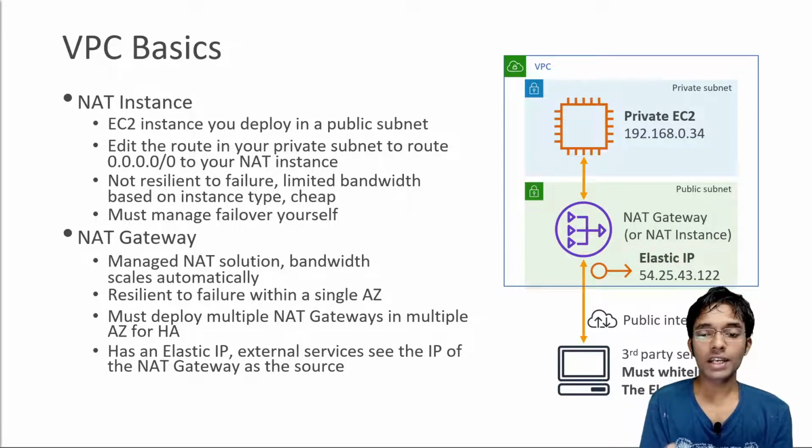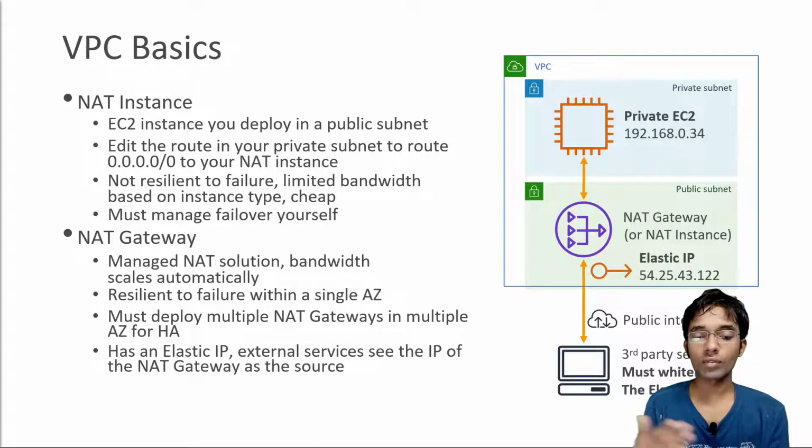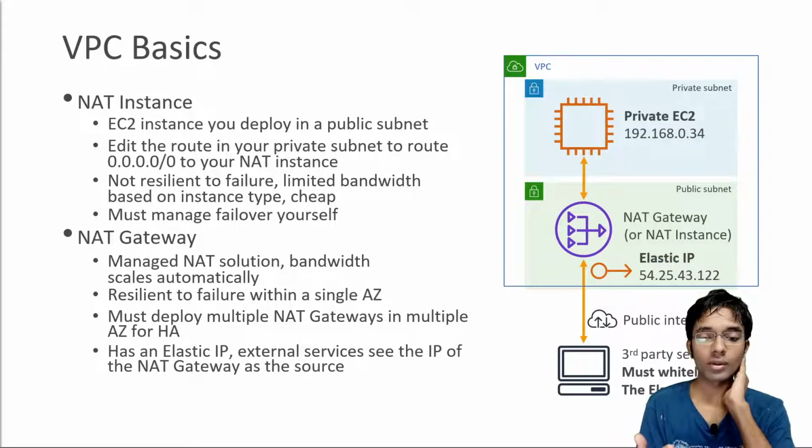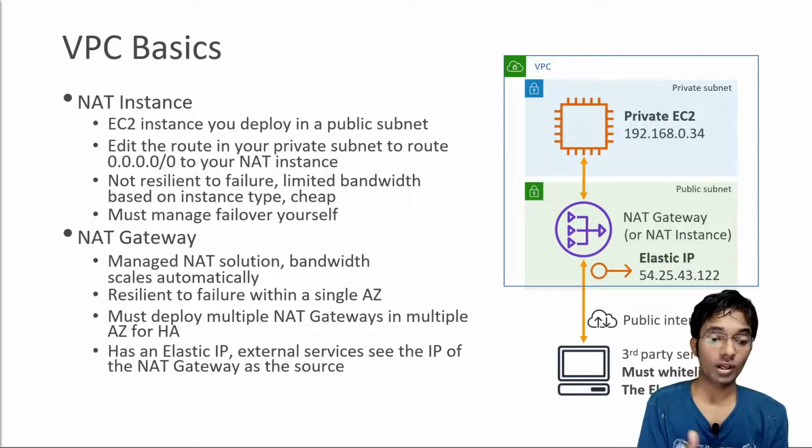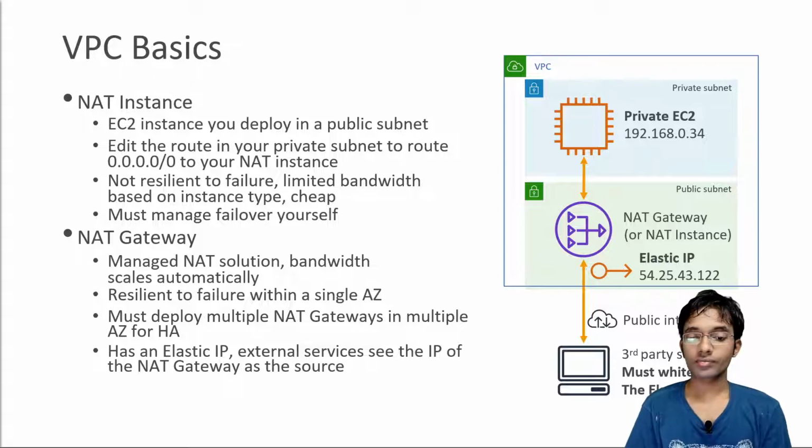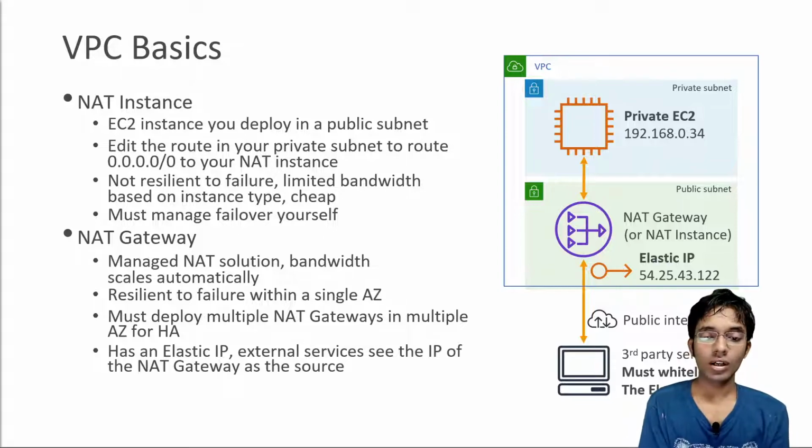So a NAT gateway is going to be a managed NAT solution by AWS, and the bandwidth will scale automatically, and you are going to pay per hour and for the amount of network traffic that goes through the NAT gateway. It's going to be resilient to failure, but only within a single availability zone. So that means that if one of the underlying NAT instances in your NAT gateway fails, then AWS will know how to fail over to the other ones.